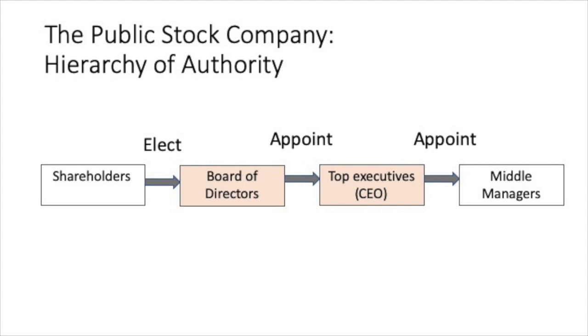And this is a picture showing the position of shareholders, board of directors, and top executives. Shareholders are basically owners. But owners cannot run a company because there are so many owners. For instance, you can buy some shares of Apple and you can play like an owner, but there are tens of thousands of owners of one company. So it's technically impossible for them to run a company, and that's why they elect a small number of board of directors, between 5 to 20 on average.